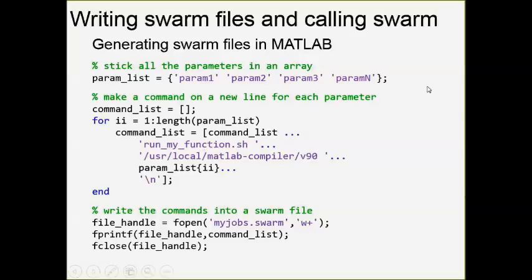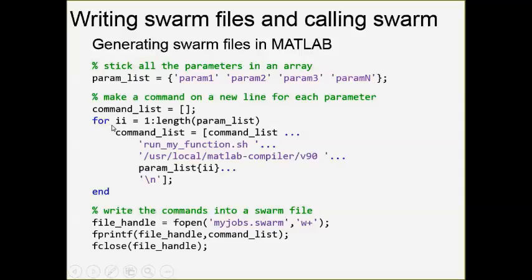So let me show you real quick what it does. So first I'm going to be setting a cell array equal to 4 strings, param1, 2, 3, and n. Then I'm going to initialize an empty variable, command_list equals null.